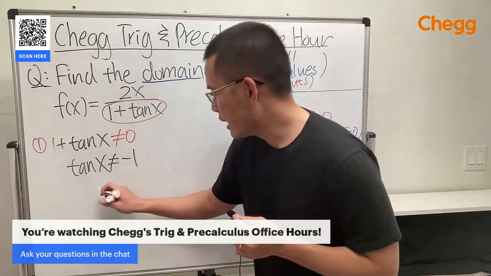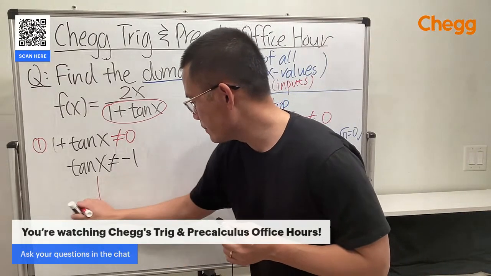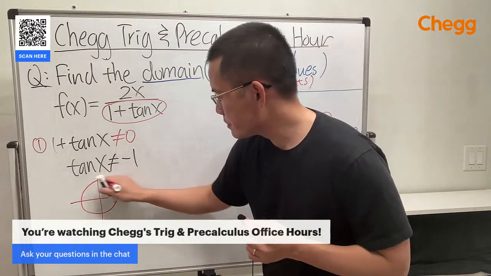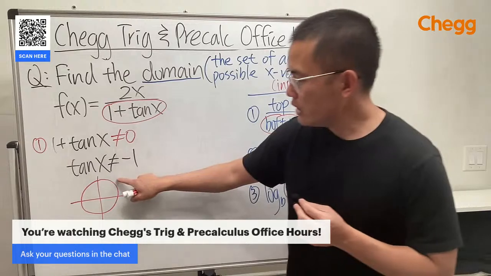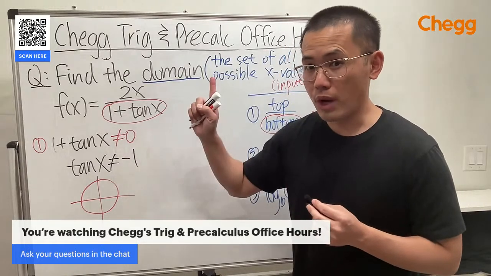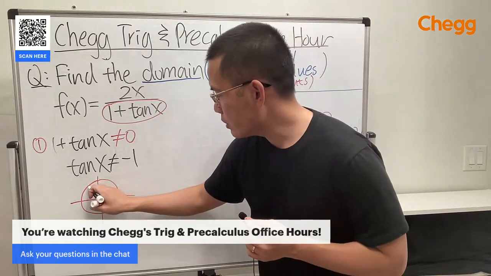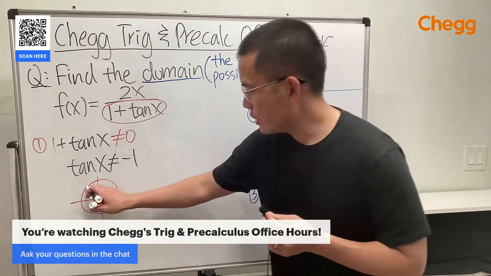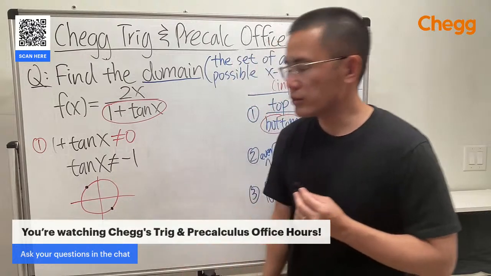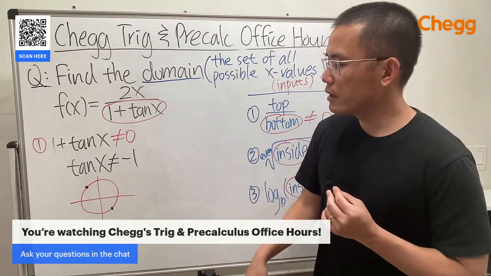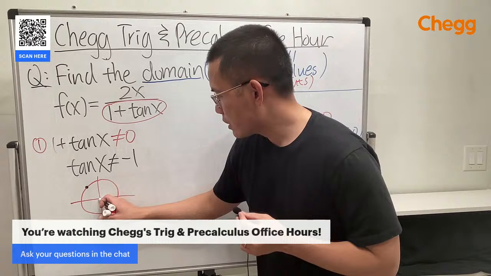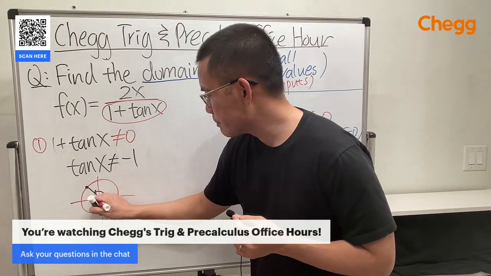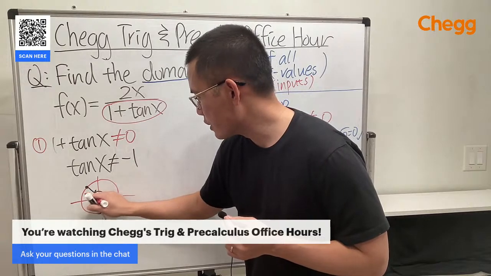Be careful with it. I'm going to give you guys a unit circle real quick. On the unit circle, 45 degrees gives you tangent being 1. Right here though, this is where tangent is going to be -1. And you can go across it. This is also going to be -1. So we're looking for this angle. This little bit right here is pi over 4 because that's 45 degrees.